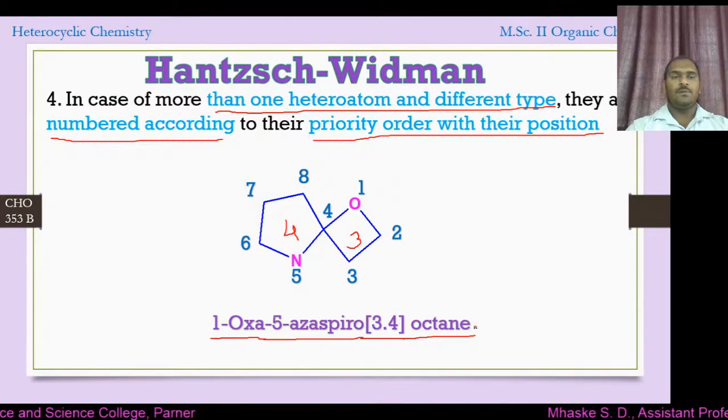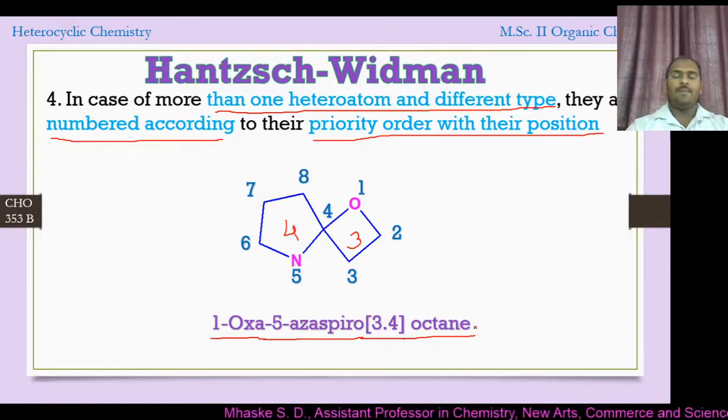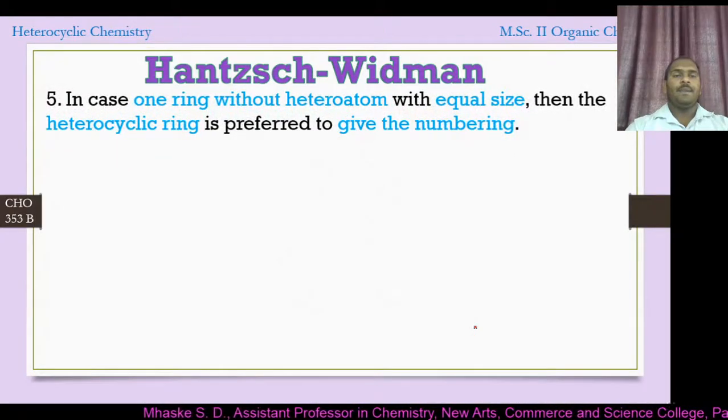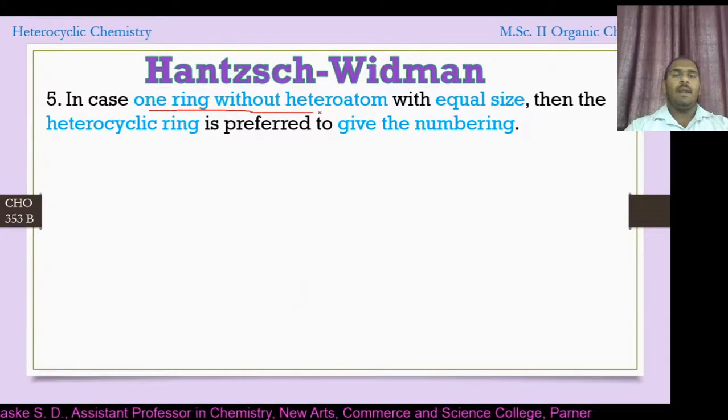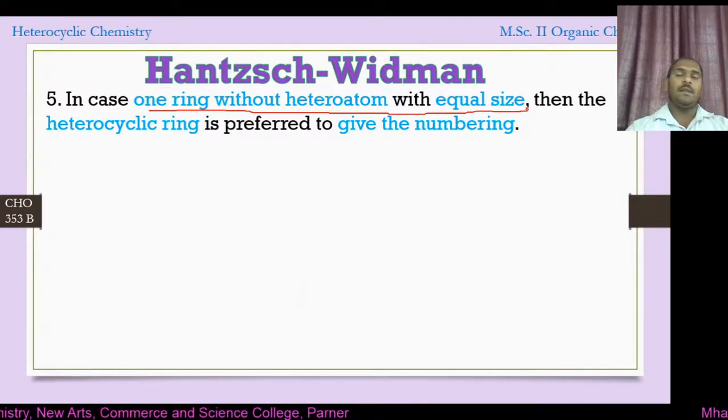In case of a different heteroatom, we have to start the numbering with the heteroatom having the higher priority. Okay, so move further. In case of one ring without heteroatom with equal size, here we are considering two rings of equal size, but one ring contains a heteroatom and the other ring does not.